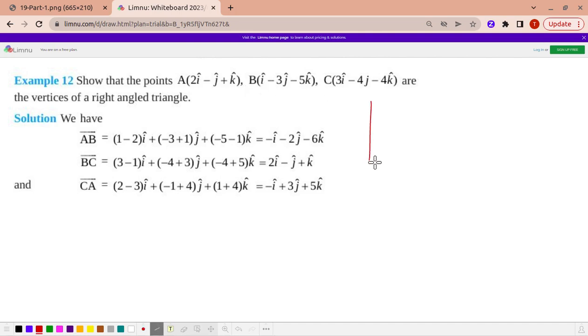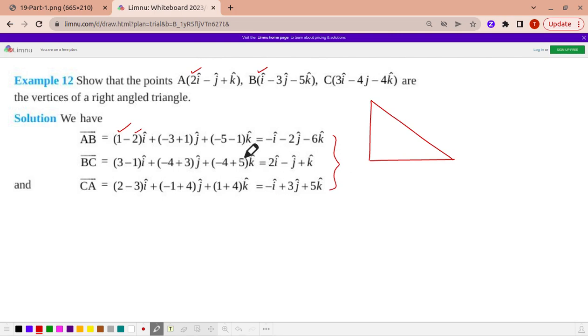But how to prove this? First we find AB, BC and CA. We know how to find AB: the position vector of the point B minus the position vector of the point A. So that means the i component of B, which is 1 here, minus the i component of the vector A, that is 2. So 1 minus 2, i cap. Similarly, the others have been found here.